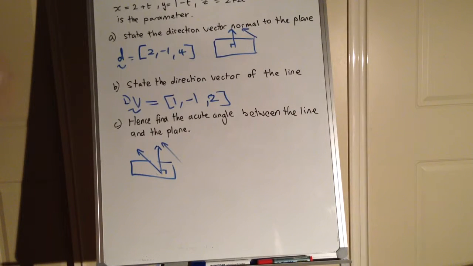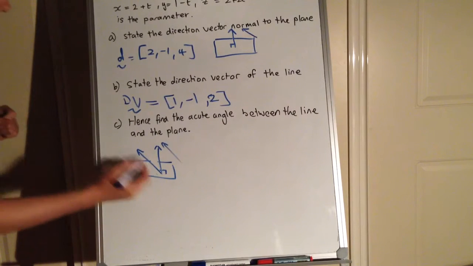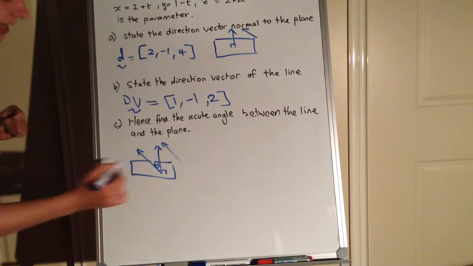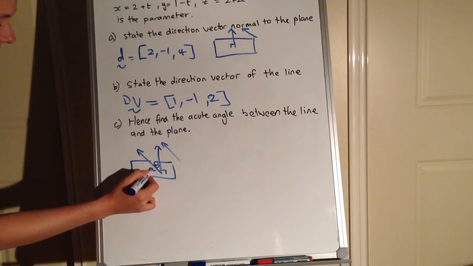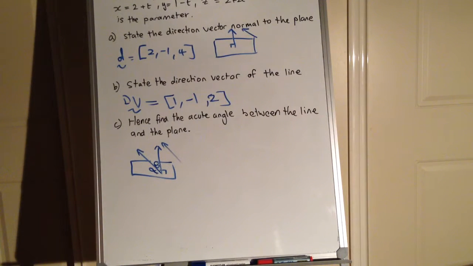Again, this isn't necessarily to scale or anything. We can see them joining with an included angle there. And what we can do here is use a formula to find that internal angle. And then from there we can find this angle alpha down here, which will be the acute angle between the line and the plane.